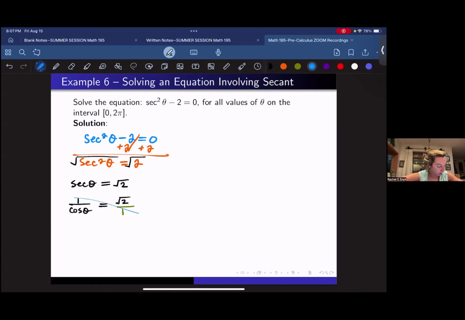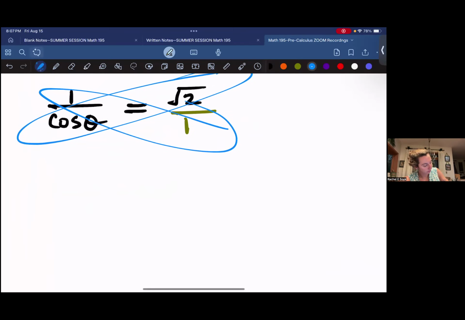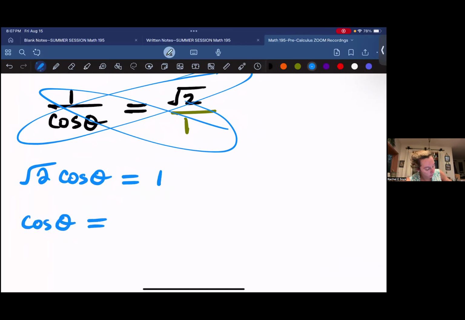Let's go ahead and cross multiply. We'll zoom in. So we're looking at square root of 2 cosine theta equals 1, which just means cosine of theta is equal to 1 over square root of 2. Rationalize the denominator, and we're looking at square root of 2 over 2.